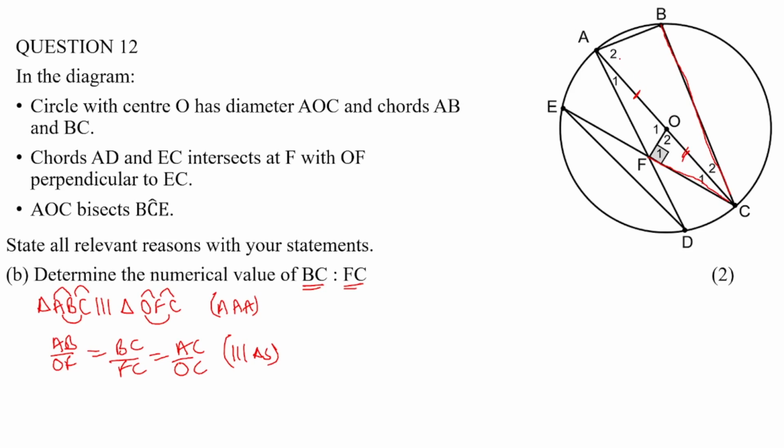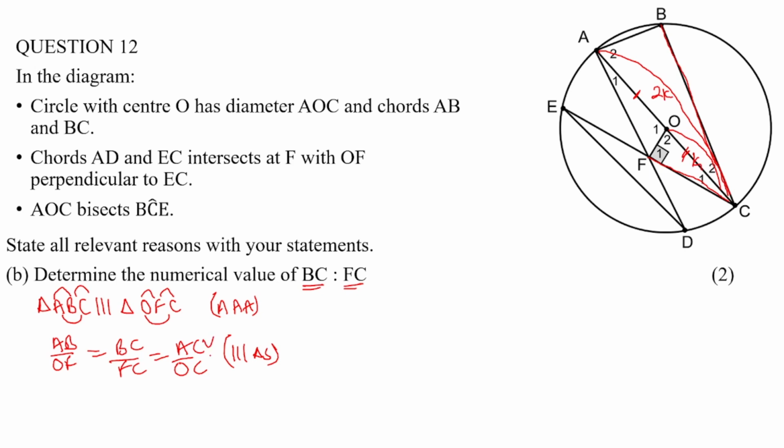So it means that AC is 2 times OC. If we make OC equal to K, then AC is going to be 2K.